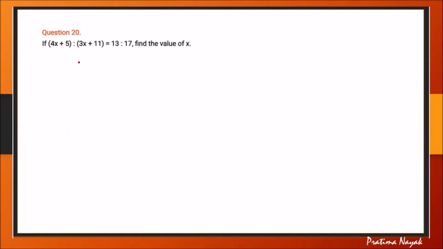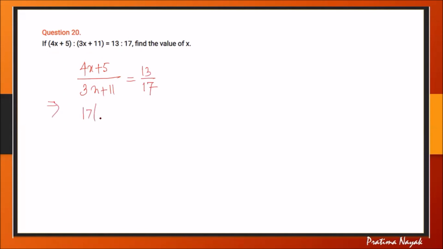Question number 20. I hope you feel this is very easy now because you have done so many questions. You have learned so many questions. So 4x plus 5 ratio 3x plus 11 is equal to 13 by 17. You can find it yourself.